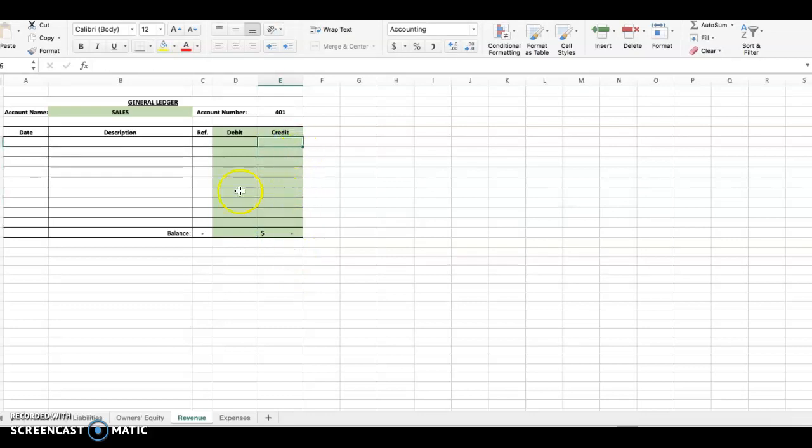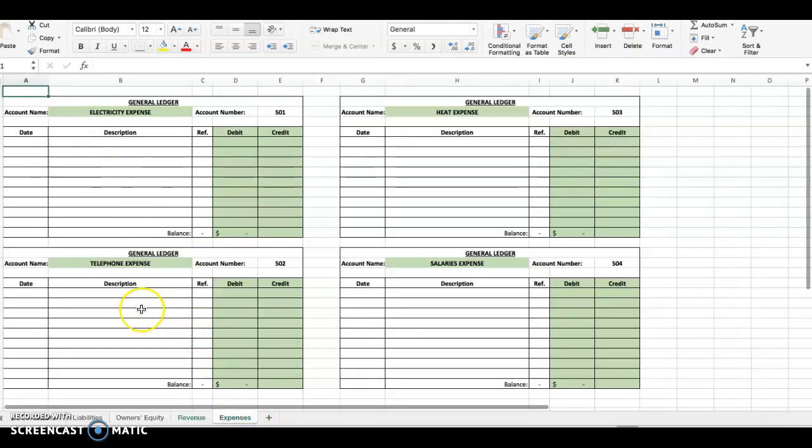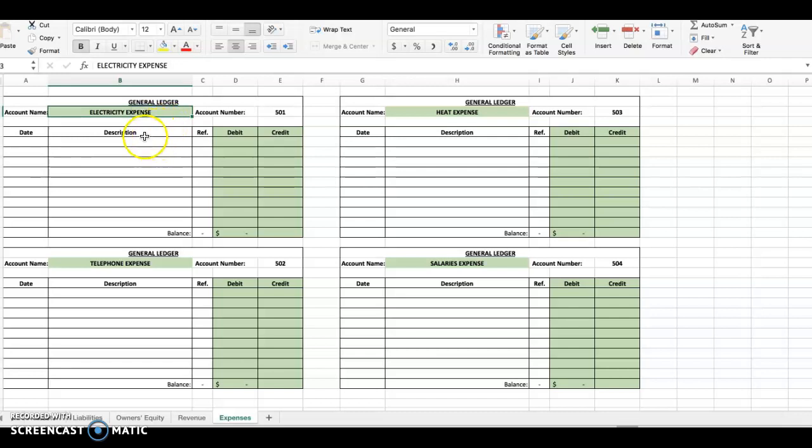Okay. And expenses. Look at expenses. There's a few here, those 4, and they have debit balances. Again, nothing showing here. There's no money in these accounts, and we'll explain why that is later. But if we did pay electric bill, for example, that would go to this account. The account is not called electric bill.